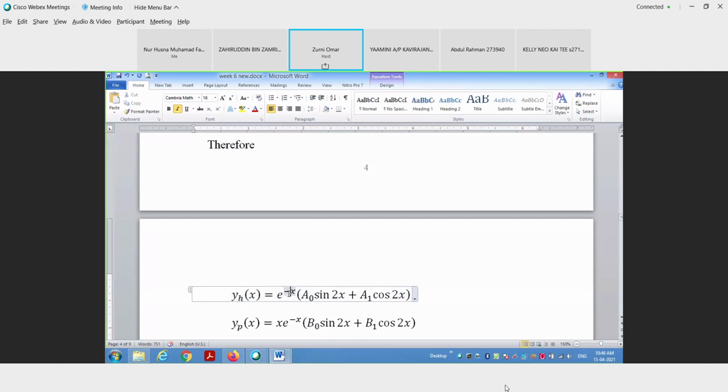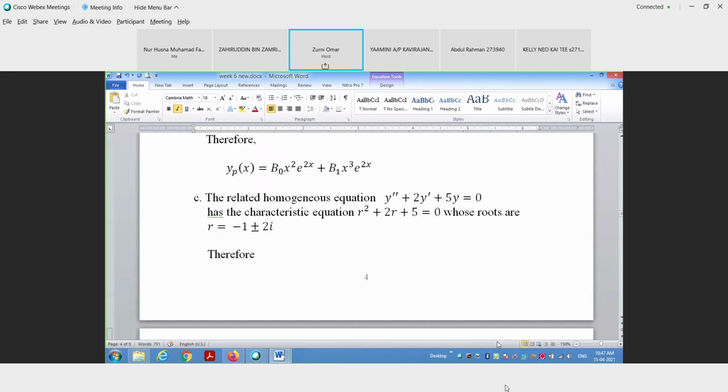So alpha is equal to minus 1. So that's why e to the minus x times a naught sines beta x plus a1 cos beta x. Beta x is equal to 2x as well. So this is going to be your YH.